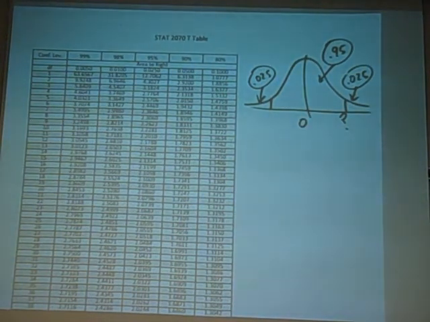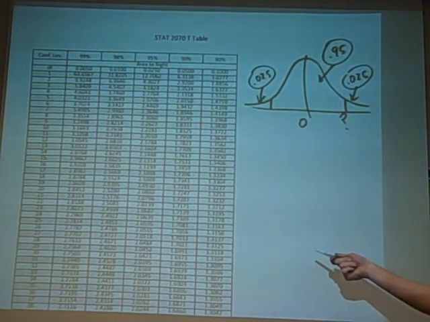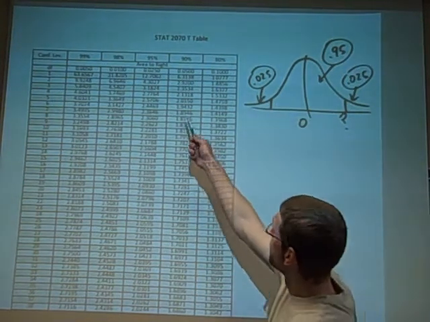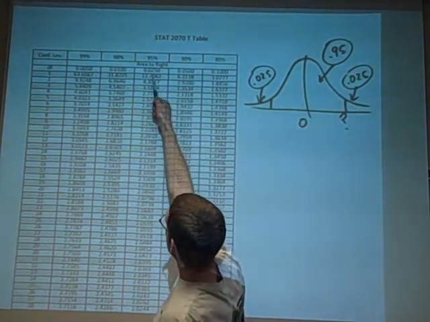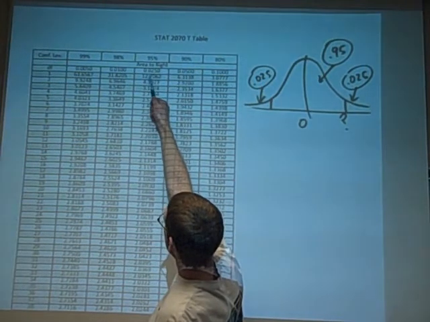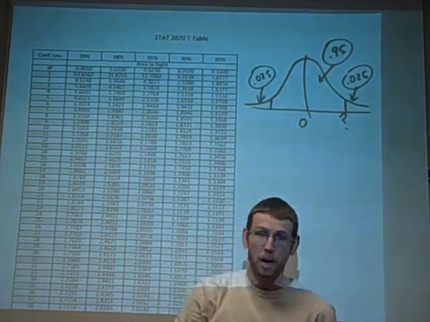Carl? Does that still apply to the z intervals at the bottom? Yeah. Because on the z table it goes to the left, right? No. The z table that you guys have from last unit gives you the area to the left, but that's not what this is doing. When you're doing a 95% confidence interval, to get this value here, you're still going to have 0.025 to the right.